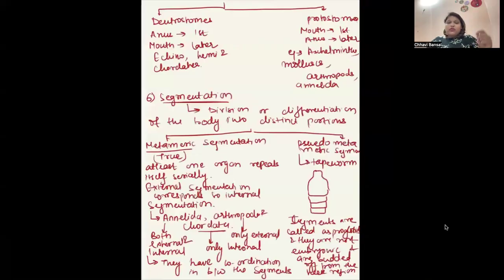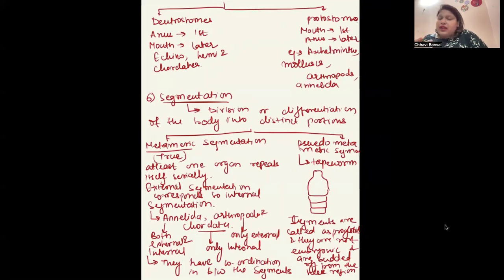So what is segmentation? It is the division or differentiation of the body part serially into different portions. There are two types, metameric and pseudometameric segmentation. In metameric segmentation, at least one organ or one part repeats itself serially, there is coordination between the segments, and the external segmentation corresponds to the internal segmentation also.